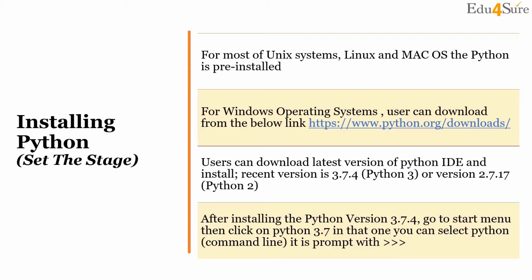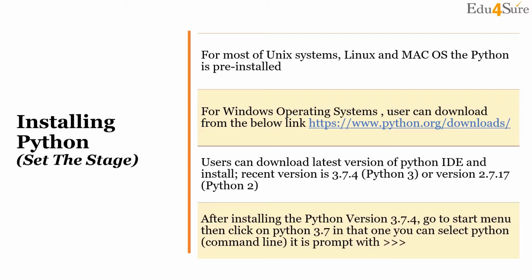If we talk about 3.7.4, then the first digit 3 specifies that we are installing Python 3. And if we talk about a version, say 2.7.17, then the first digit 2 specifies that we are talking about Python language version 2.